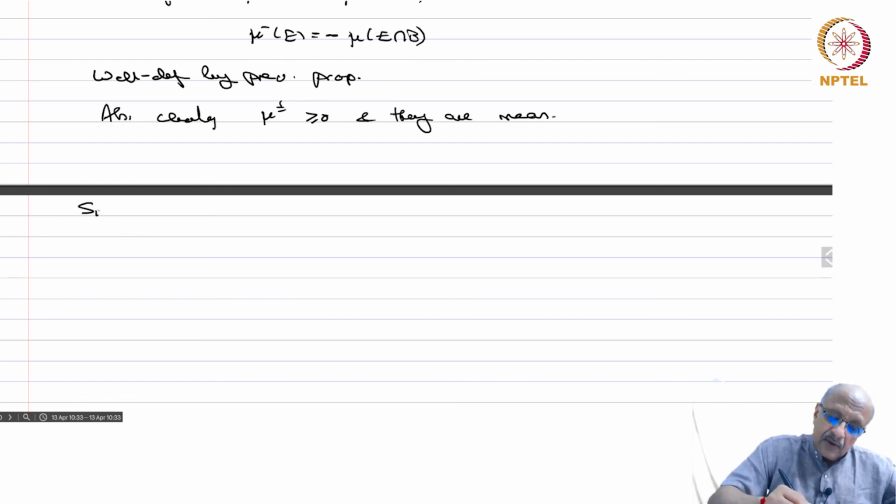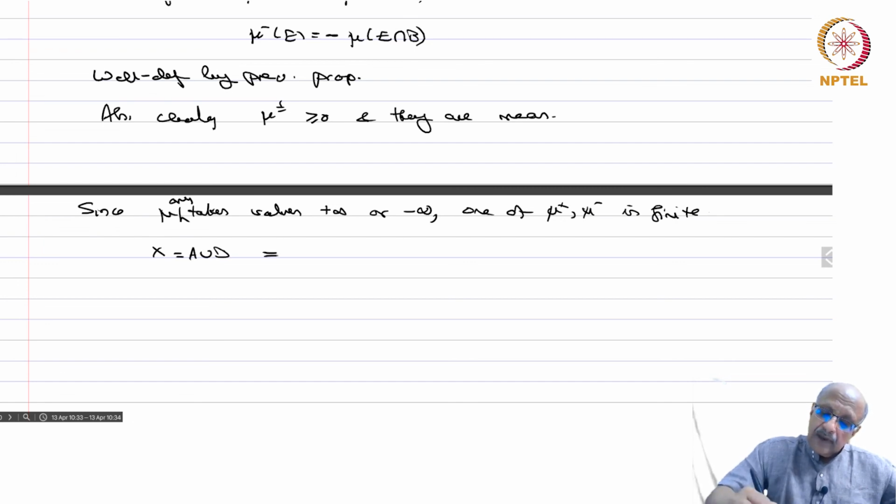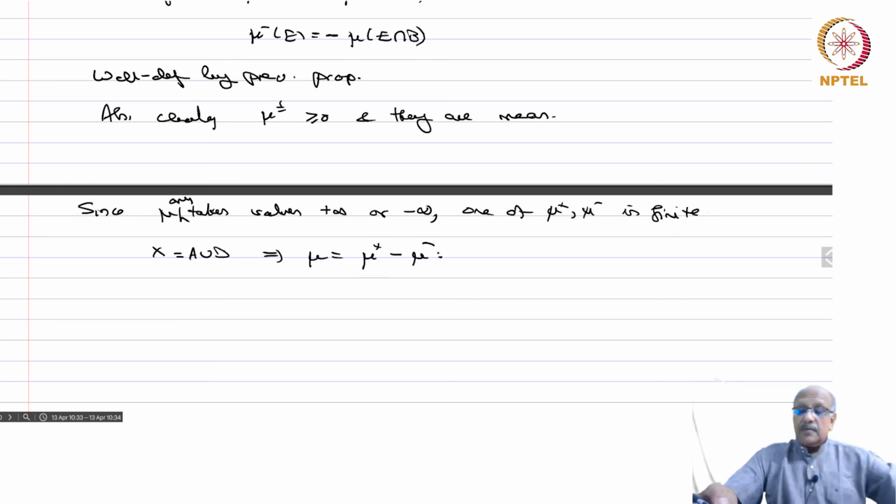And since mu takes values plus infinity or minus infinity only, one of mu plus, mu minus is finite, and X equals A union B implies mu equals mu plus minus mu minus.